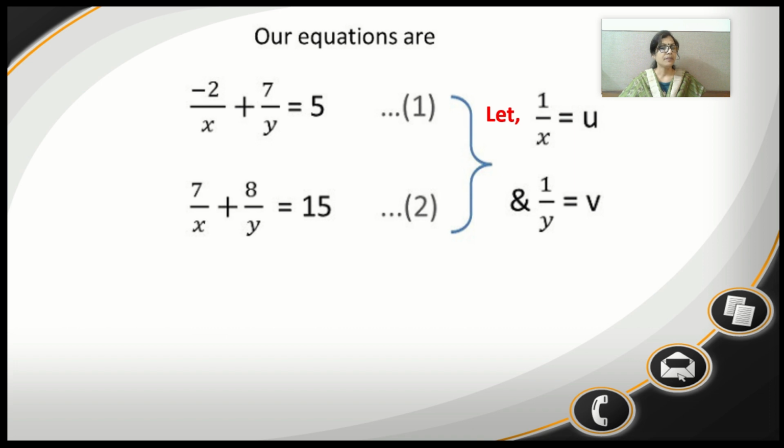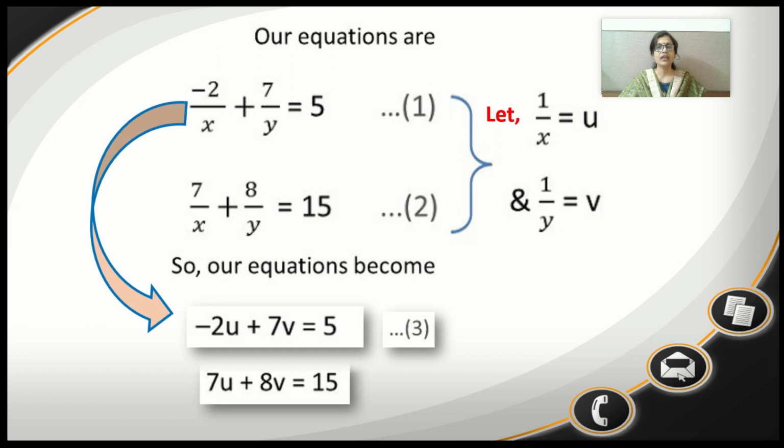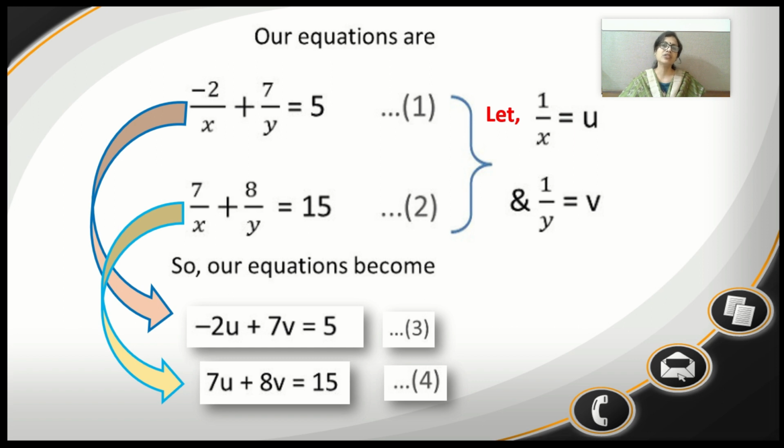It will be minus 2u plus 7v is equal to 5, and we will number this as equation 3. And the second equation will become 7u plus 8v is equal to 15, and this we will number as 4. So look at this, equation 2 also we have made simple and converted it into linear equations in two variables.